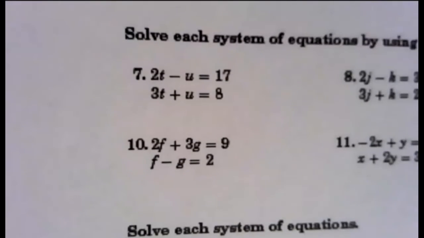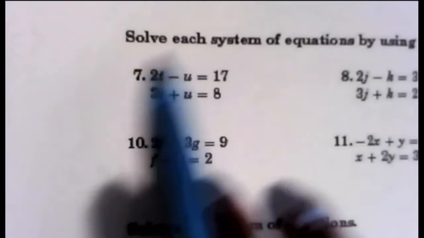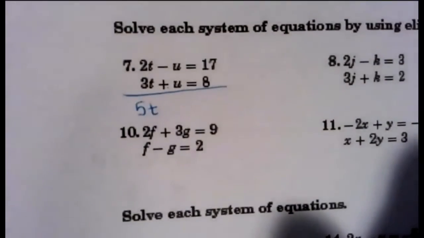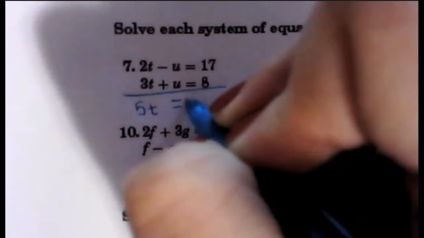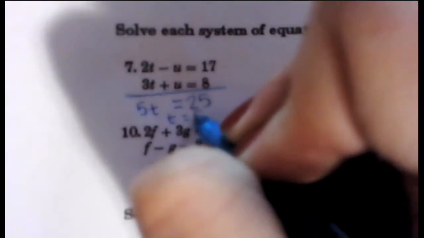Okay? And then the next set of problems says to use elimination. So we're going to add these together and eliminate a variable. When I add the 2 equations together, I get 5t. Negative u plus u is 0. And then 17 plus 18 is 35. Divide both sides by 5.